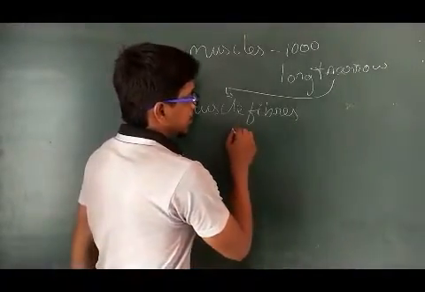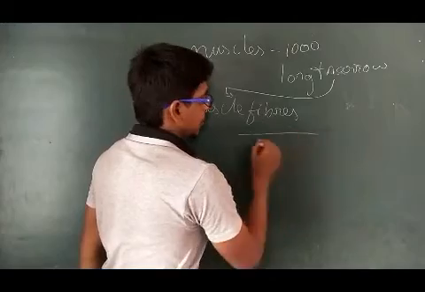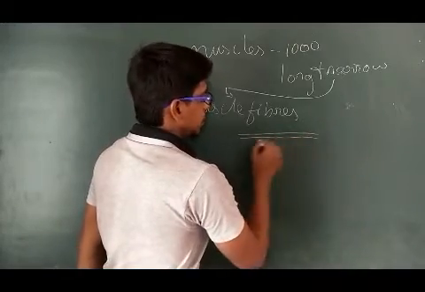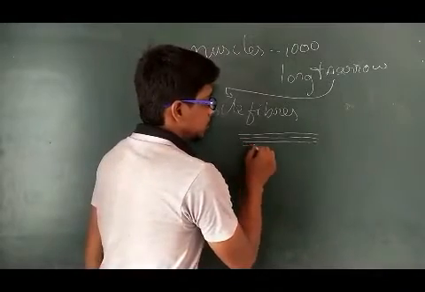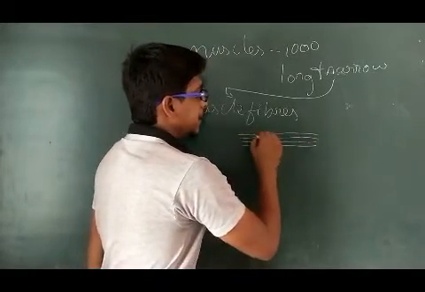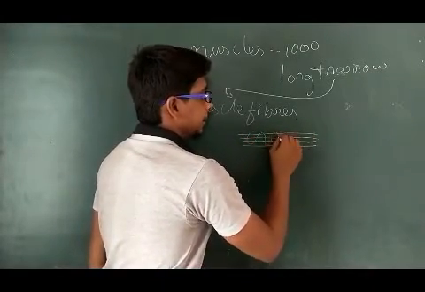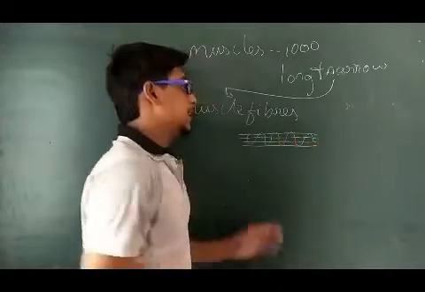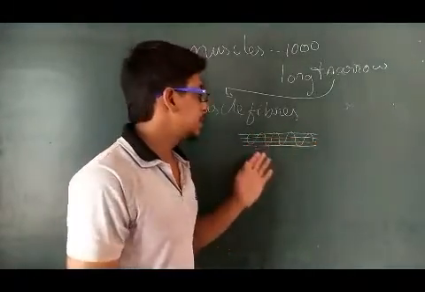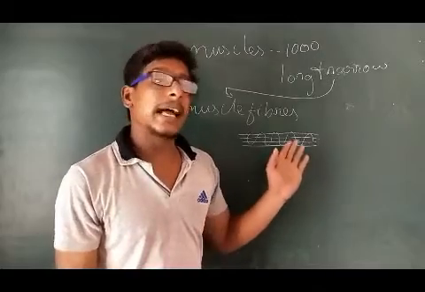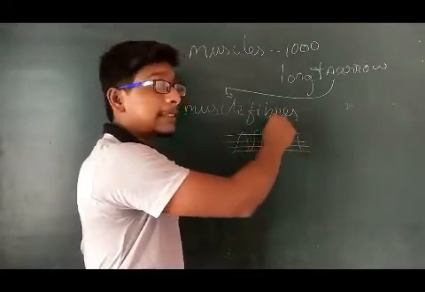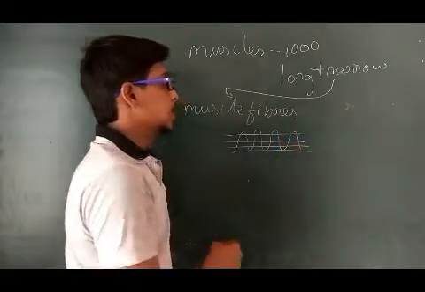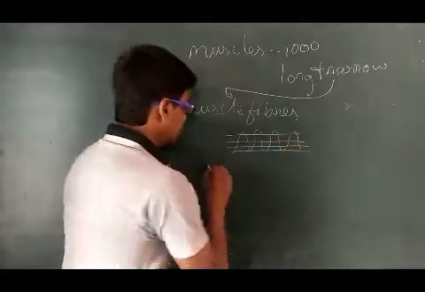These muscle cells look in this shape, and they are bound together as a bundle.